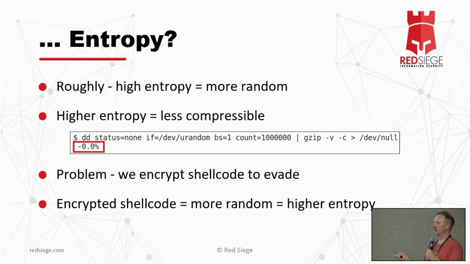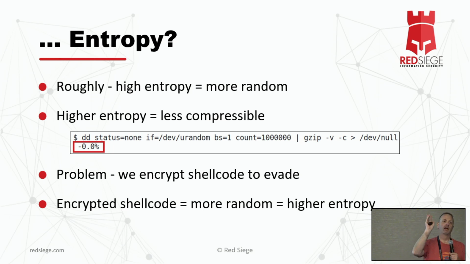This is just trimming out the rest of the noise. We don't need it. It tells me 0.0%. This is the compression ratio. So it was able to reduce the size of 1,000,000 bytes of data from dev-urandom by 0%, which means my highly random data that came from a good quality random number generator, very high in entropy, is not compressible.